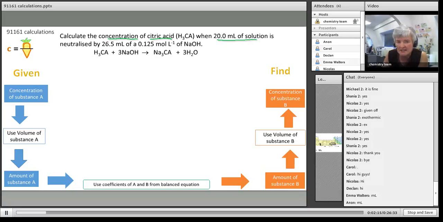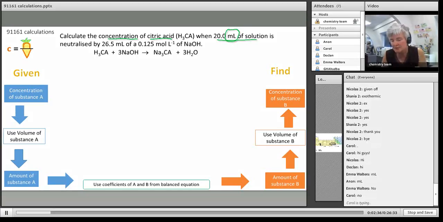Now we do see that the unit here is milliliter. Is that the correct unit for volume? No. So we have to convert milliliters to liters. Milli means 1,000. So do I multiply by 1,000 or do I divide by 1,000?